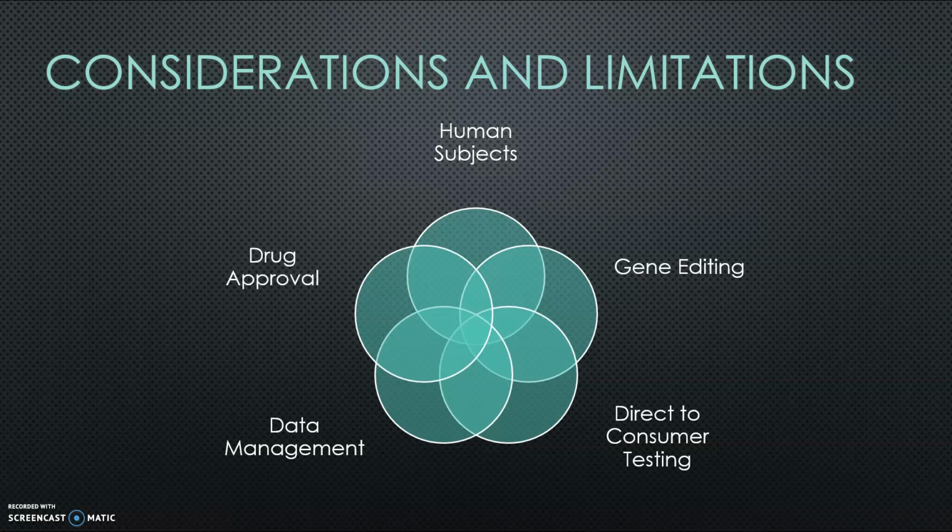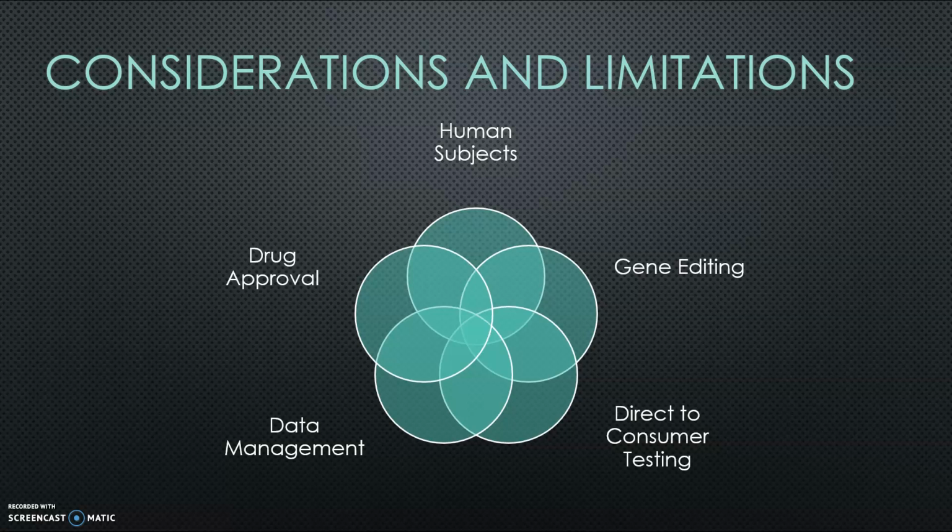Gene editing goes hand in hand with this. SNPs allow us to hopefully figure out how someone may react to a medication and possibly develop new drugs. But drug approval takes a very long time, and it can sometimes take decades for a drug to be made available on the market.